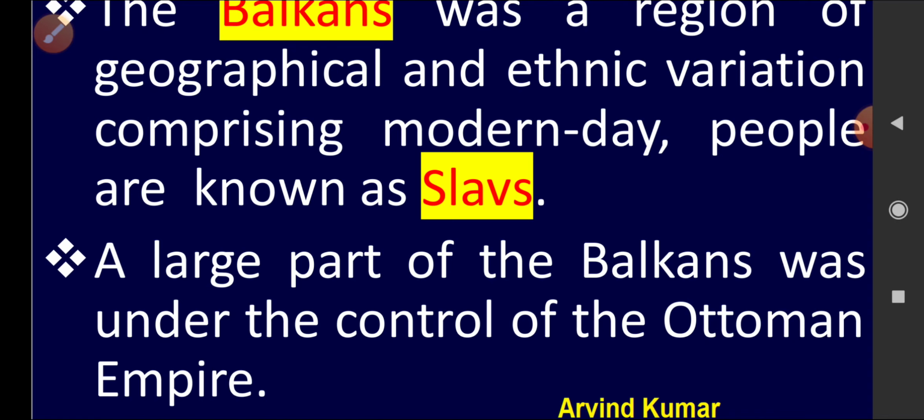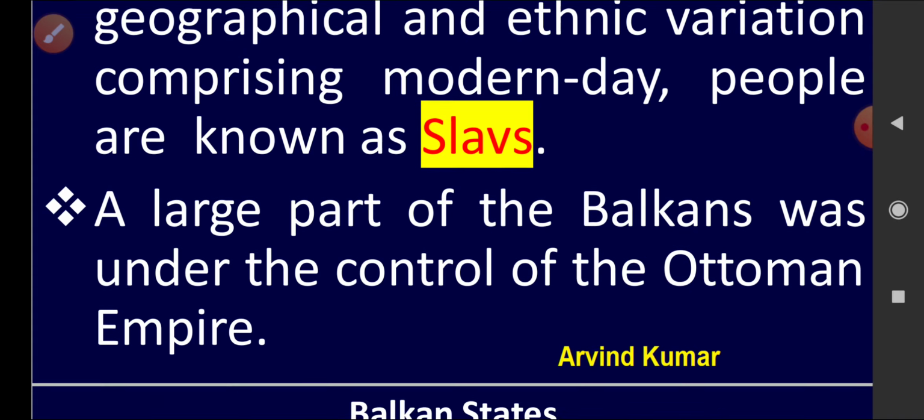A large part of the Balkan area was under the control of the Ottoman Empire, as I have already discussed in previous slides related to Italian unification. We discussed that Muslim rulers ruled this Ottoman Empire, so a large part of this Slav region or Balkan area was under them.